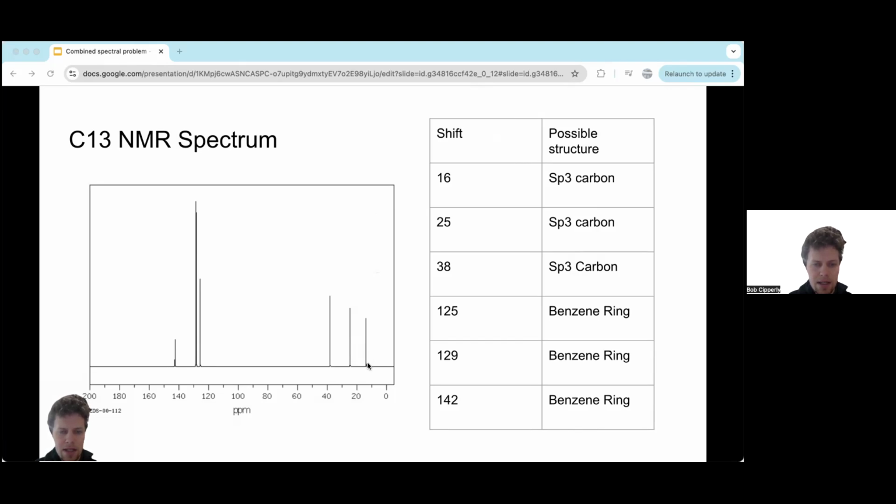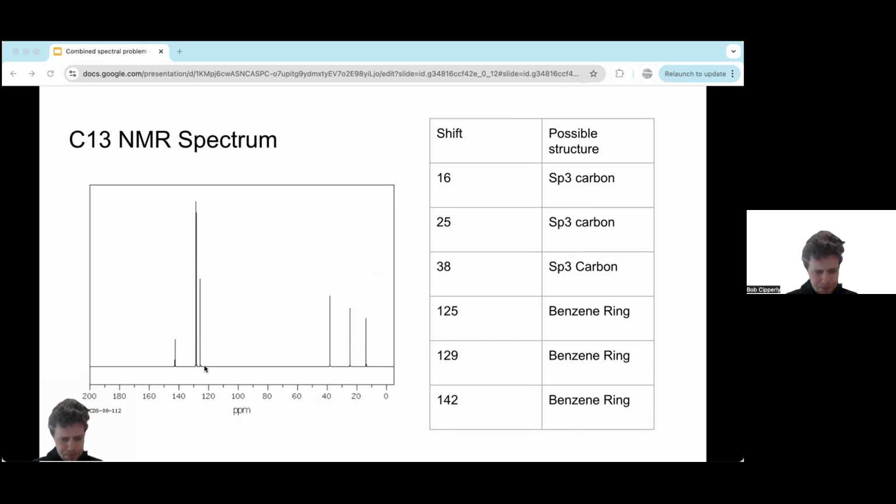So the 3 that are a bit more upfield here, that goes from 11 to 39, those are all sp3 carbons. And then further downfield, we have some from 120 to 140. So these are further downfield because they are closer to more electronegative atoms, and they're less shielded.